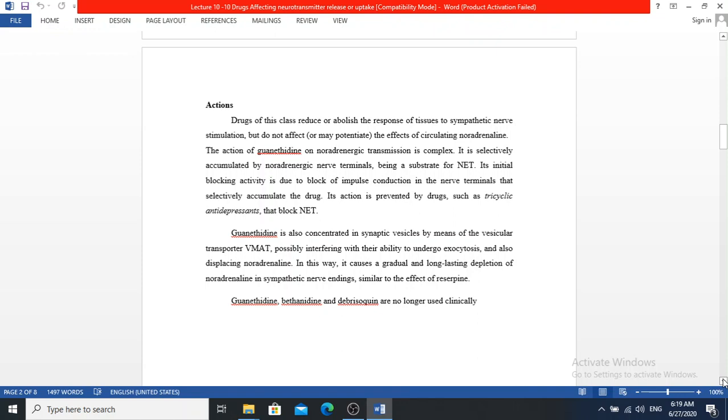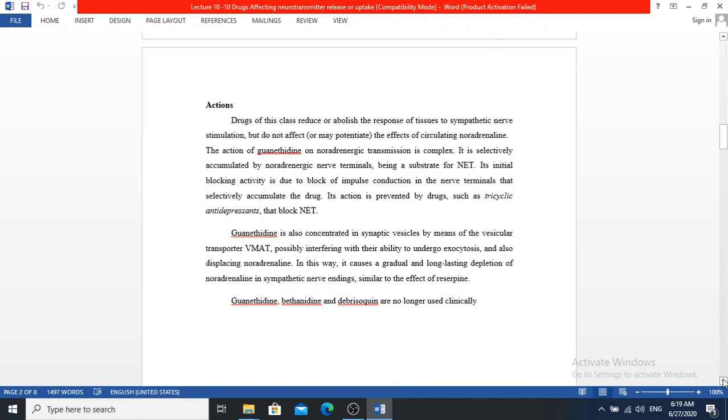The action of guanethidine on noradrenergic transmission is complex. It is selectively accumulated by noradrenergic nerve terminals, being a substrate for NET.